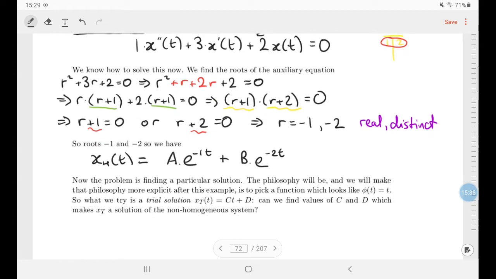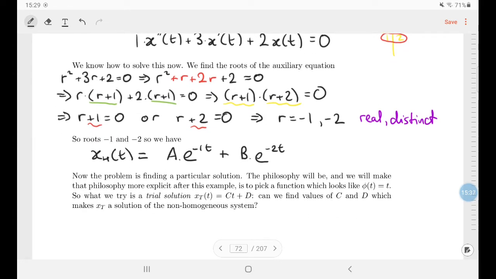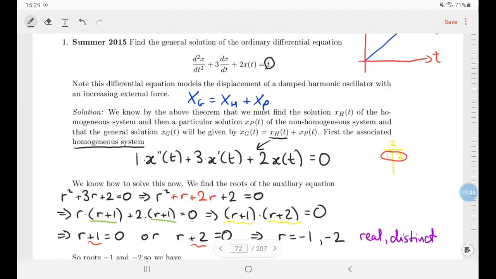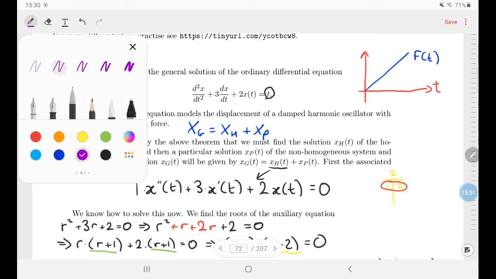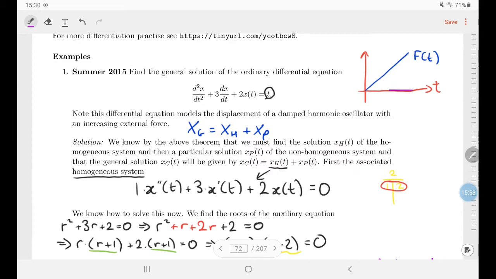So the philosophy will be, and we'll make it more precise after this, to pick a possible solution that looks like the external force. If you look at the external force here, it's increasing, increasing, increasing. Wouldn't you possibly expect that a solution of the system could see that?